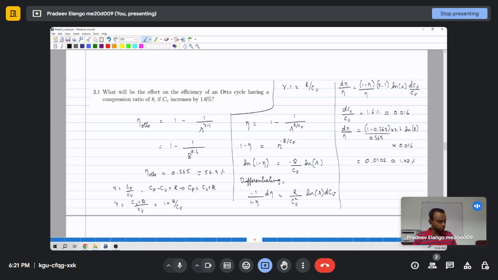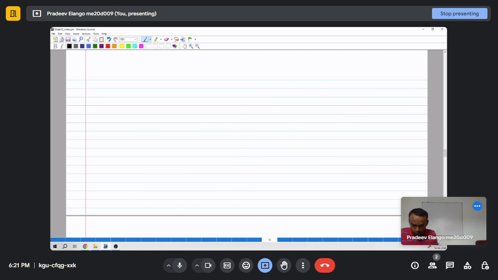So this can also be solved in another way. So delta Cv by Cv is 1.6%.